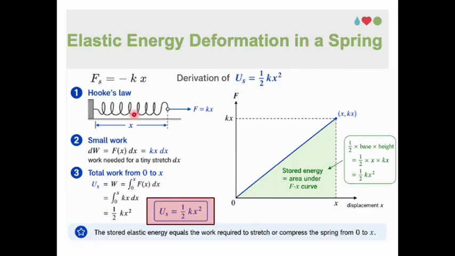But here, to stretch or compress a spring, we, as an external agent, must apply a force that exactly opposes the spring's restoring force Fs. That's why we have external force F given by kx, because F is equal to minus Fs.